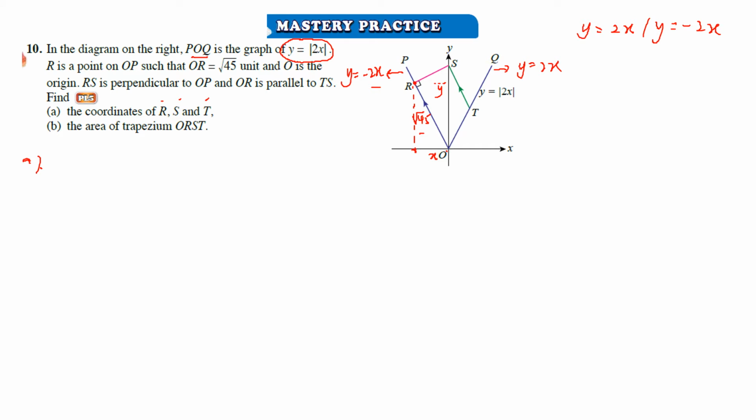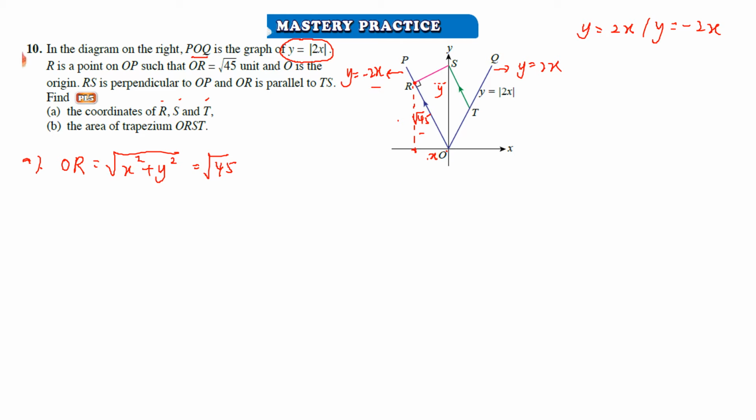So with the distance OR being square root of 45, we use the Pythagoras theorem: square root of x squared plus y squared equals the distance. So OR equals square root of x squared plus y squared, and it is given as square root of 45.